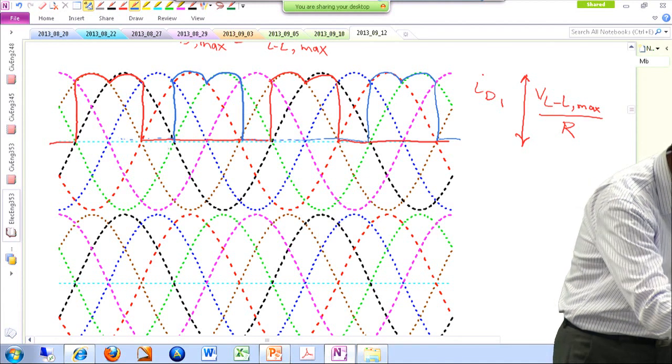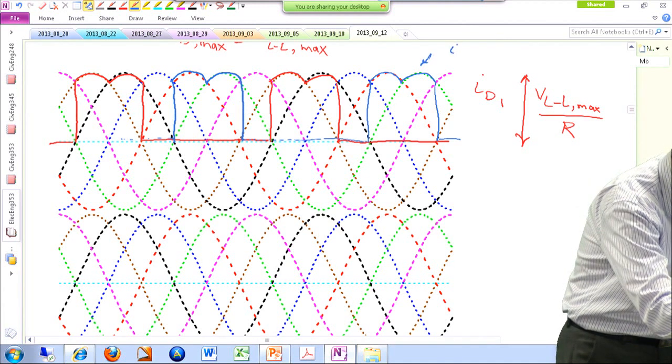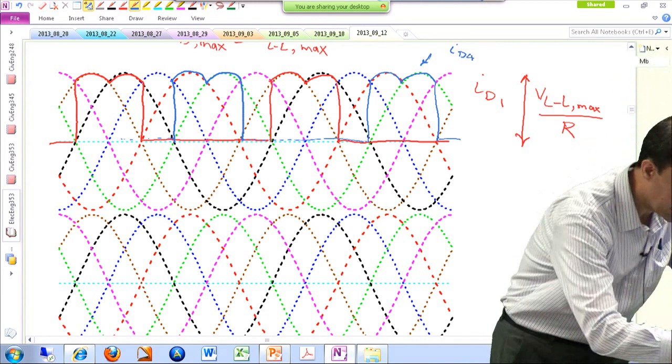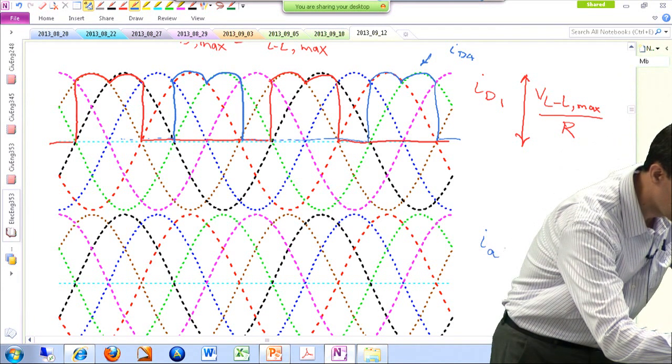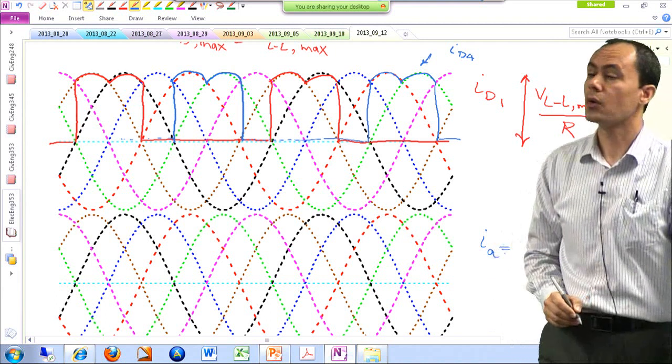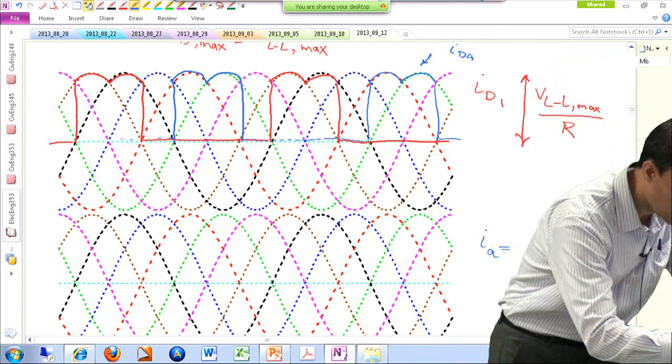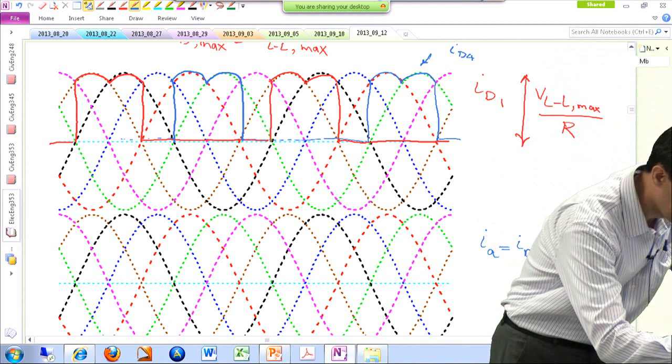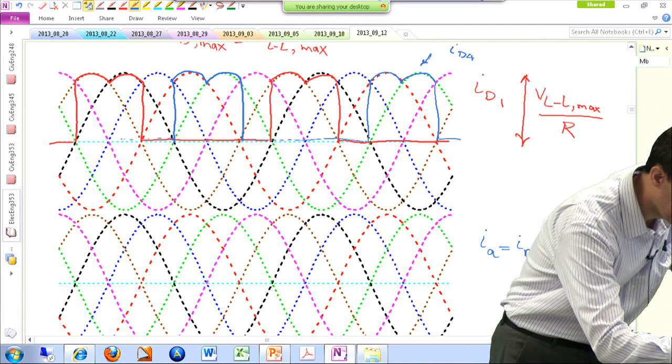Okay, so this is ID4. And then IA, which is the current drawn from phase A, is ID1 minus ID4.